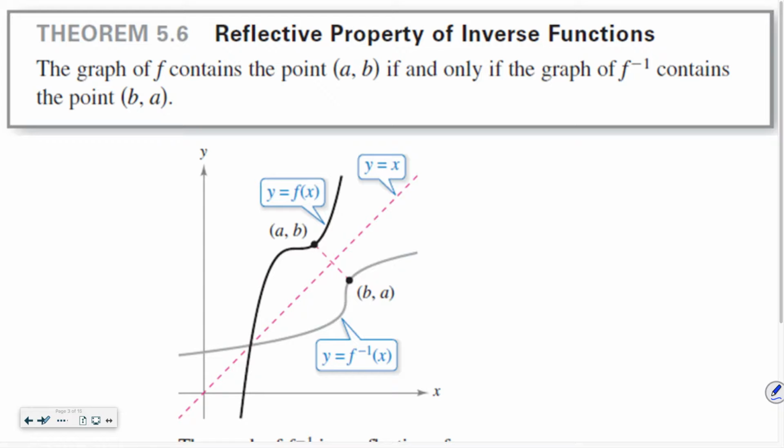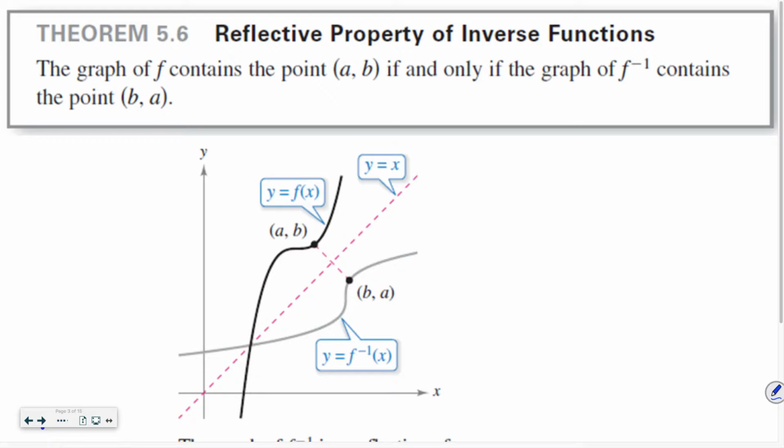When we switch x and y, we have that reflection about y equals x. Not something that is vital for what we're doing here, but the more understanding we have about inverses, the better.